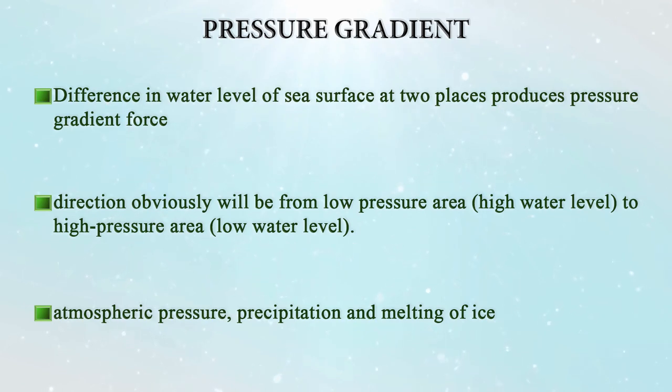When the atmospheric pressure is more at places like the subtropical high pressure belt and other areas, it exerts pressure on the oceanic surface, and so water moves from low pressure areas to the high pressure areas on the surface. The currents move from low pressure area to the high pressure area on the surface, and there is a subsurface current from the high pressure areas to the low pressure areas.